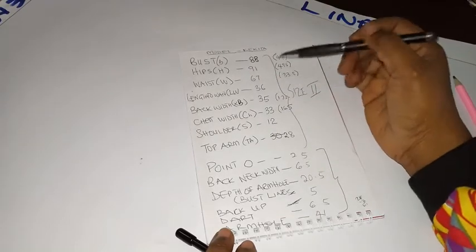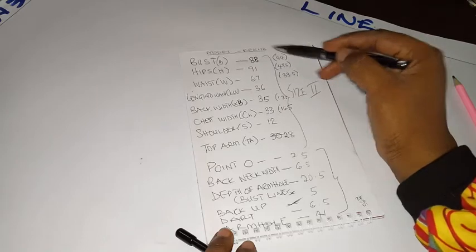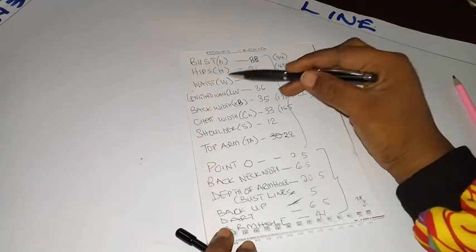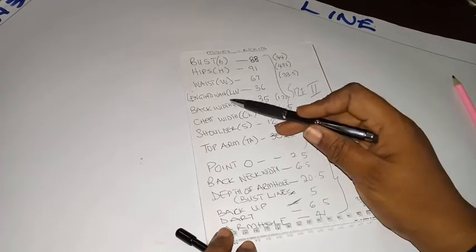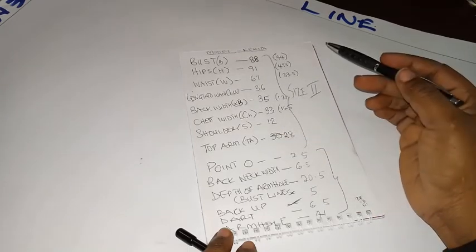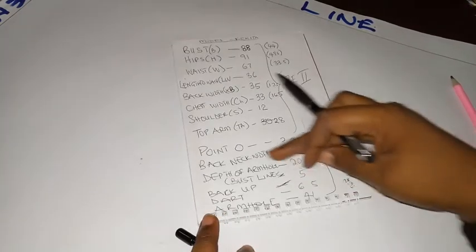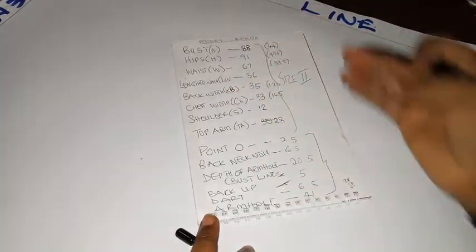To make it faster for me, I divided the bust into half, the hip into half, the waist half, and then the back width and chest width. I divided them into half because I'm going to use them later. Okay, so just do that to make it easy for you. So we have the proportions here and we have the measurement.